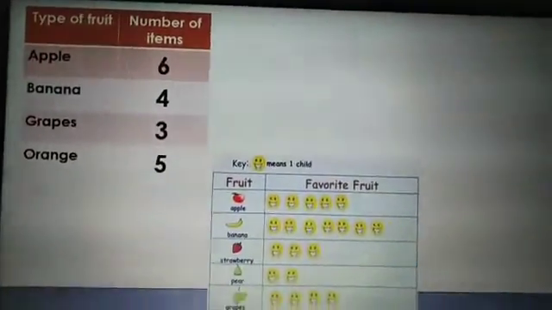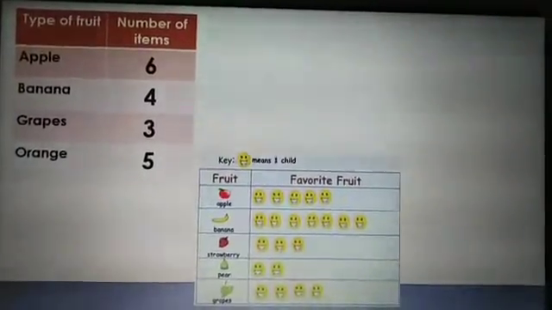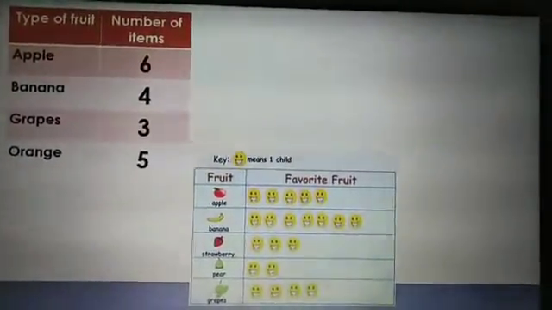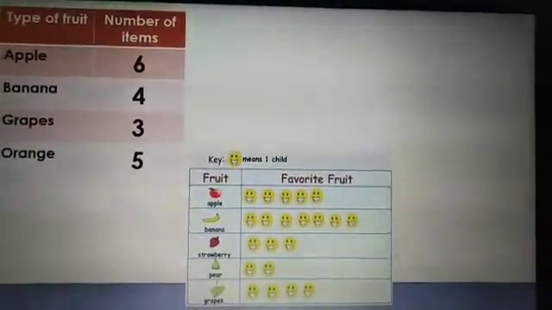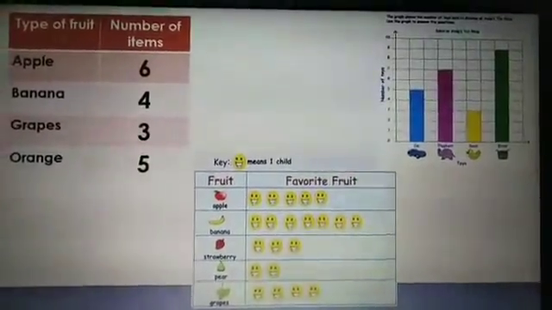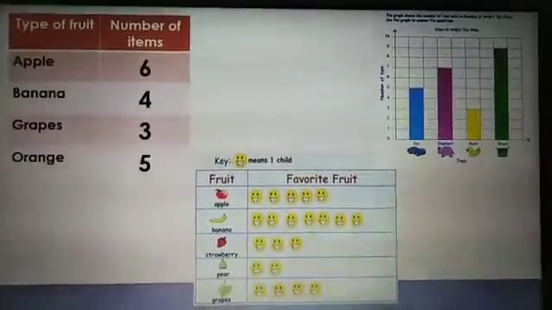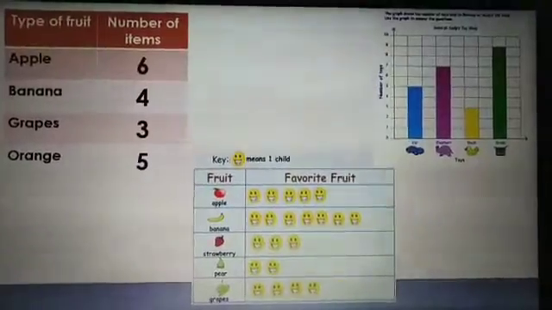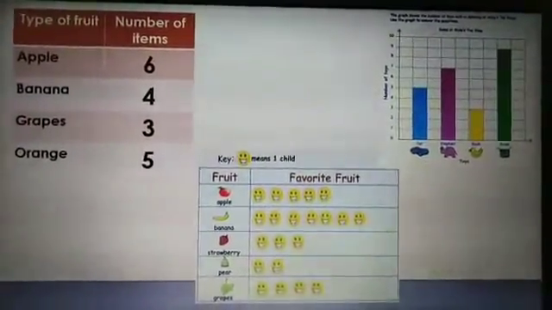The second type of chart was the pictogram, and we said that in pictograms we use pictures to show or organize our data. The third type was the bar chart. Bar charts are similar to pictograms, but in bar charts we use bars to organize or show our data instead of pictures.